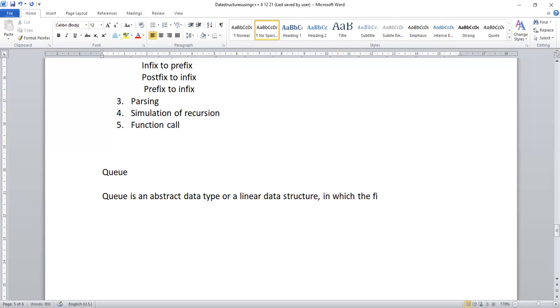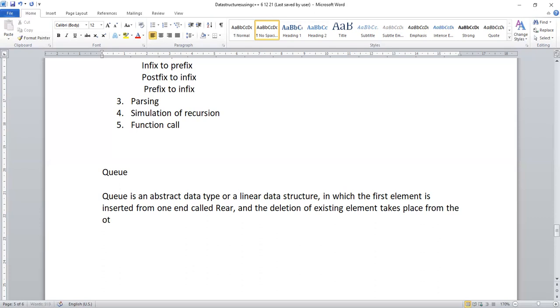in which the first element is inserted from one end called rear, and the deletion of an existing element takes place from the other end called front.